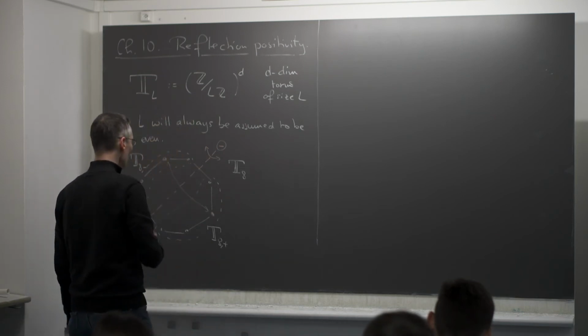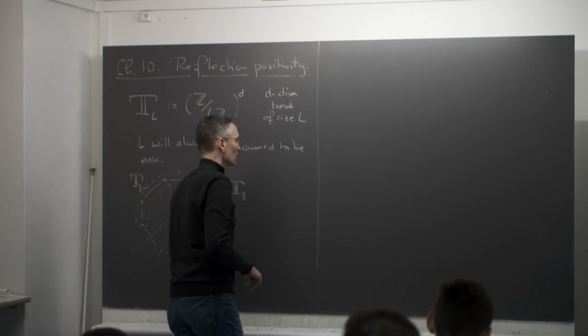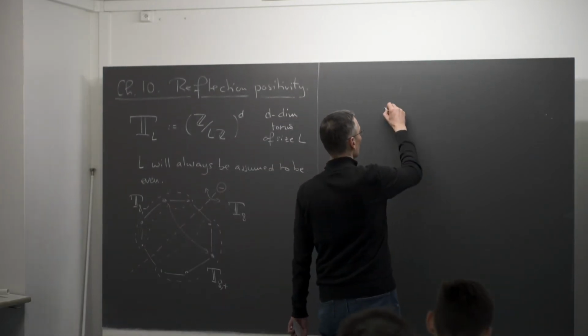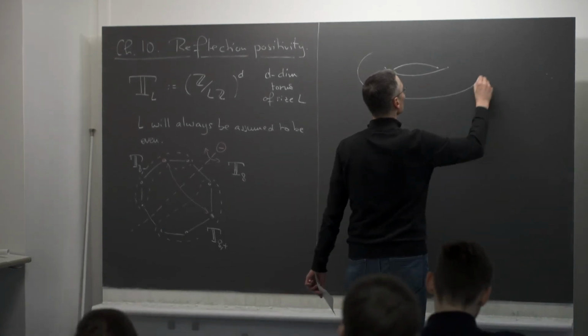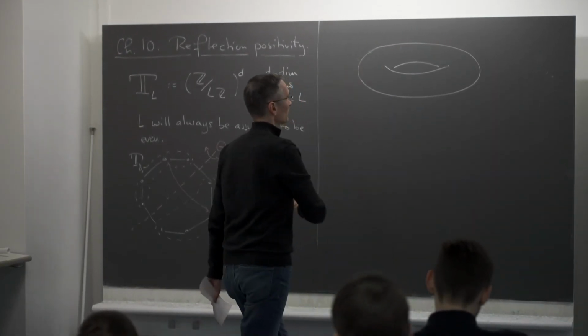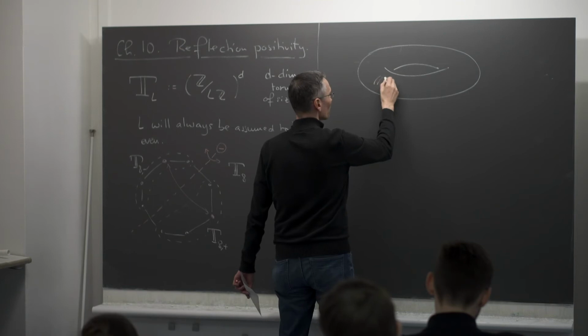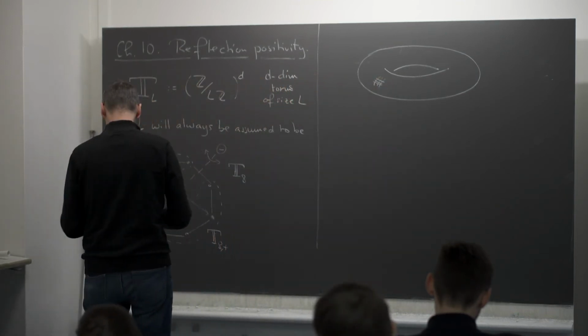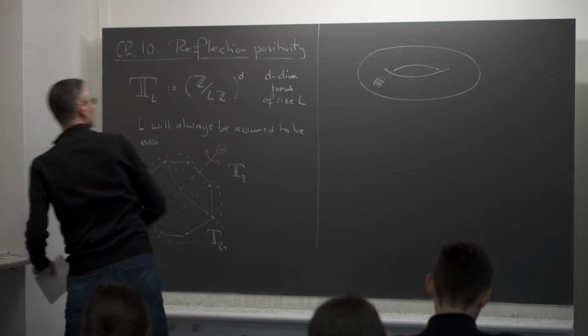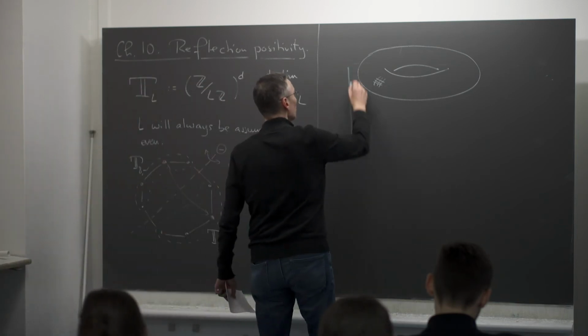Okay, so let me try to make a kind of picture in one dimension higher. So we have a torus, of course. We have our grid on the torus, somewhere, and then we have a plane, a fixed plane.